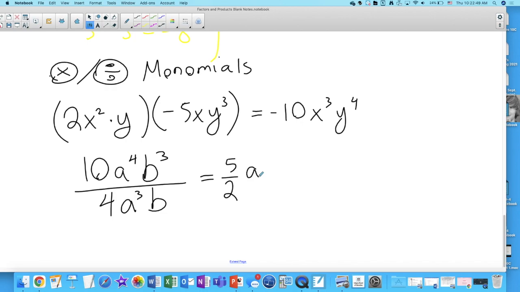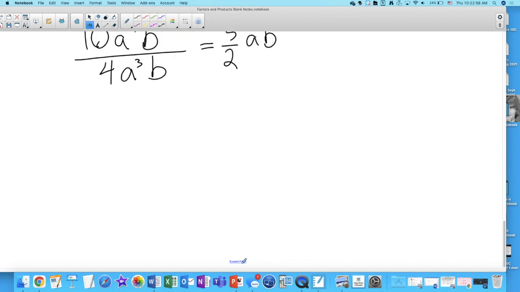Okay, now did you guys last year see anything that looks like this? Now I'm taking a monomial and I'm multiplying it by a binomial. Have you guys seen that before? Raise your hand if you've done that. Yeah? Okay. Cool. So how do we do this? Yeah.